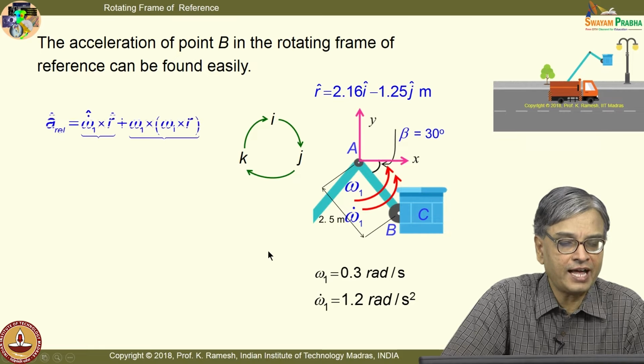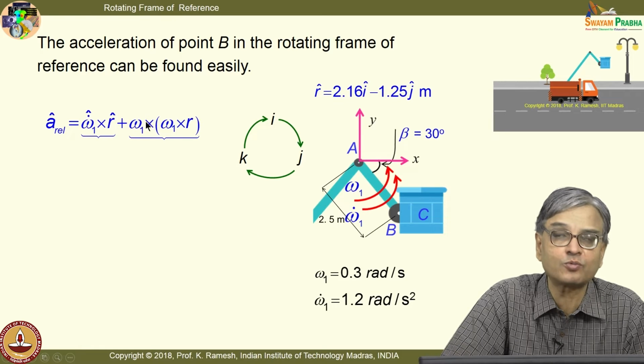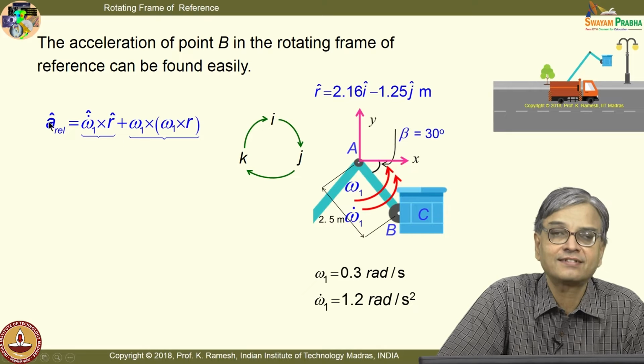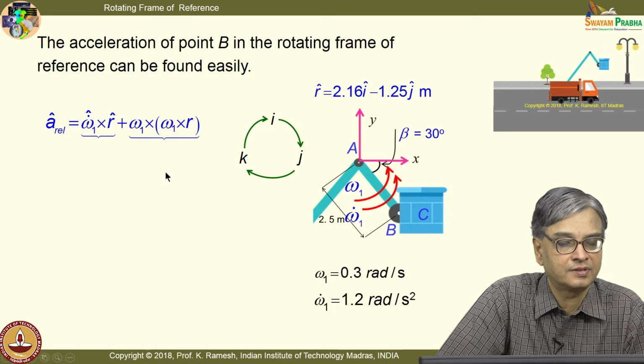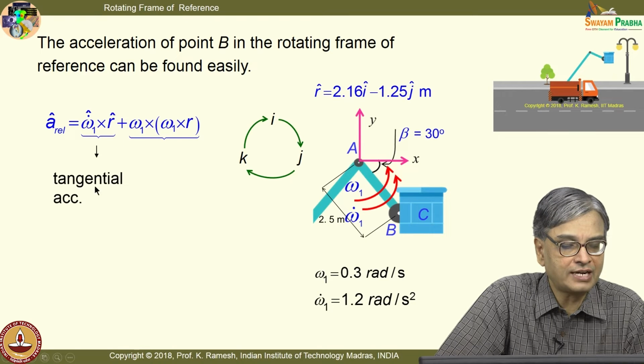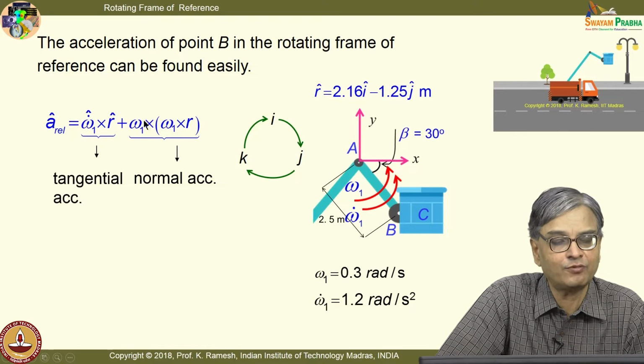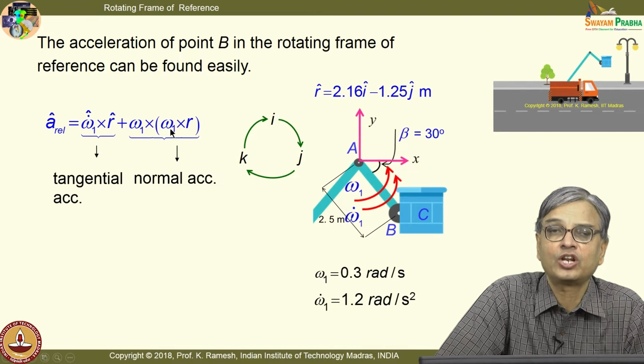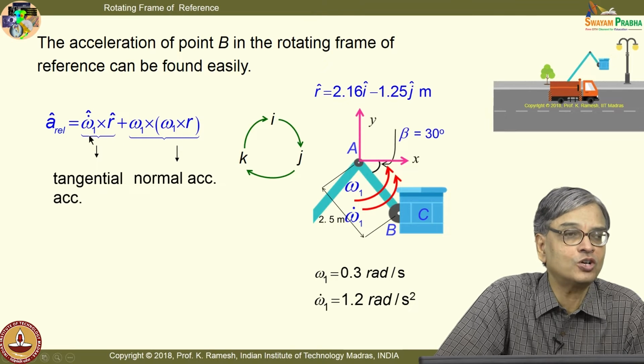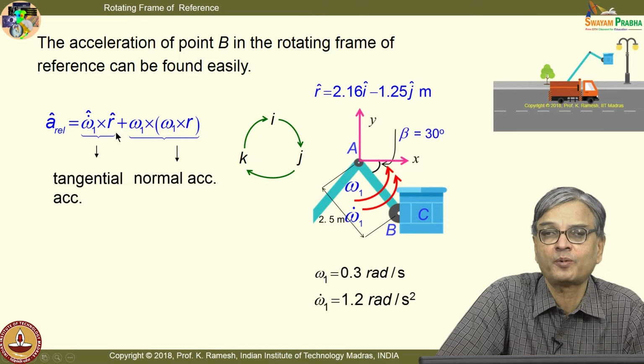And because I have omega 1 dot as well as omega 1, I have two components for the acceleration. So, you have a tangential acceleration as well as normal acceleration. In the previous problems, we did not have omega 1 dot, we had only the angular velocity, angular acceleration was 0. That is the kind of problems we have done earlier.